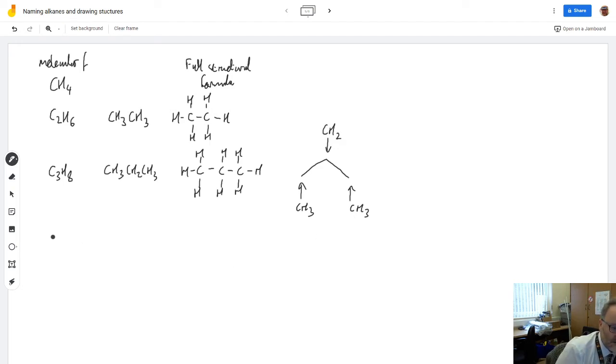So we go to butane, C4H10, so that would be CH3, CH2, CH2, CH3, and you could draw it out fully if you wanted to, but then you'd get that, and that's butane.